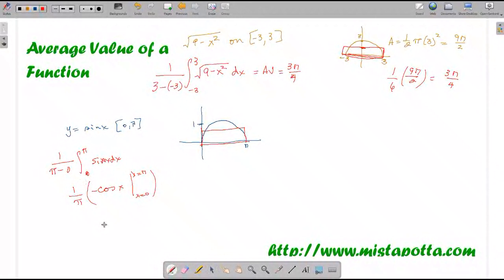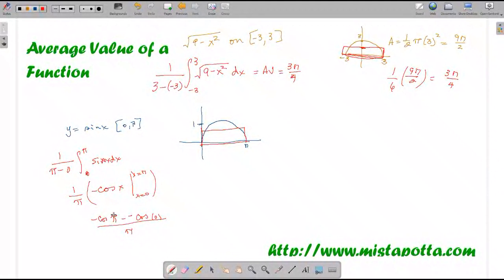And so I'm going to have the negative cosine of pi minus the negative cosine of 0, over pi.